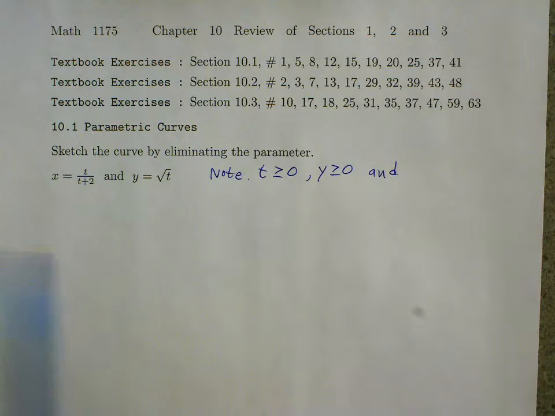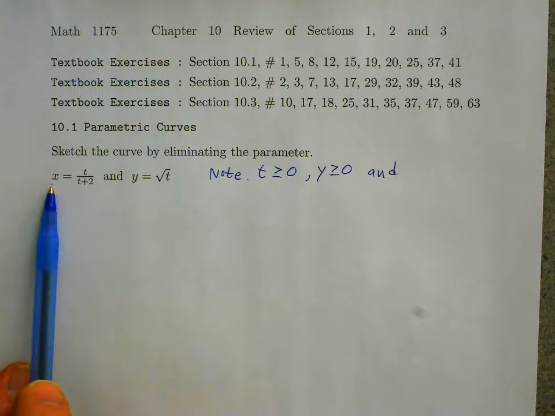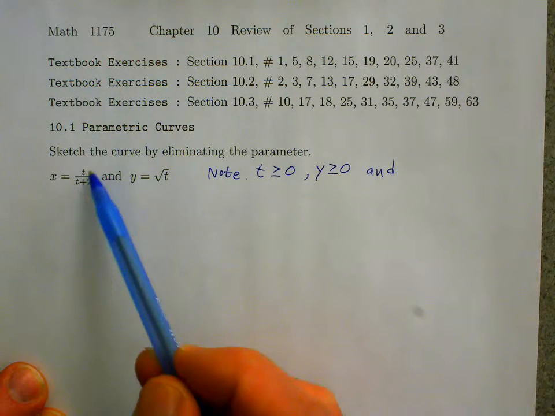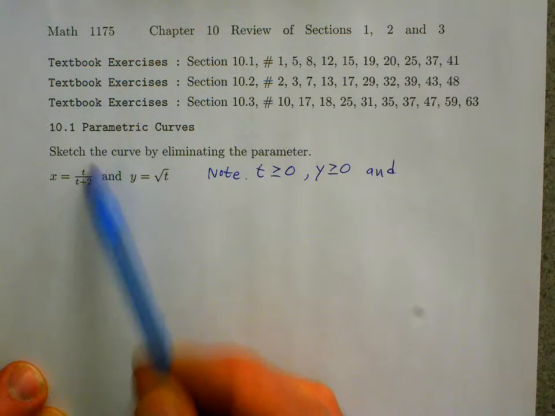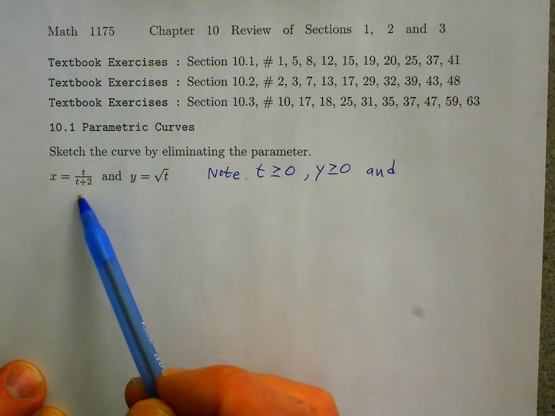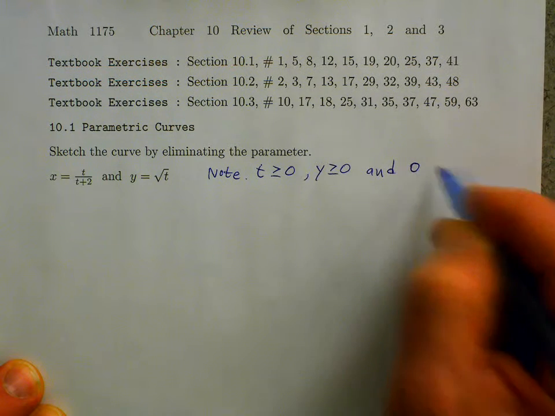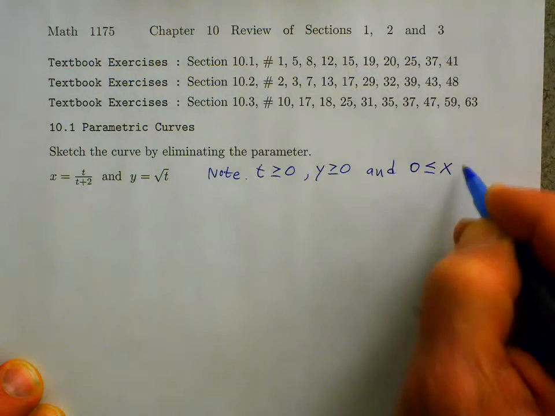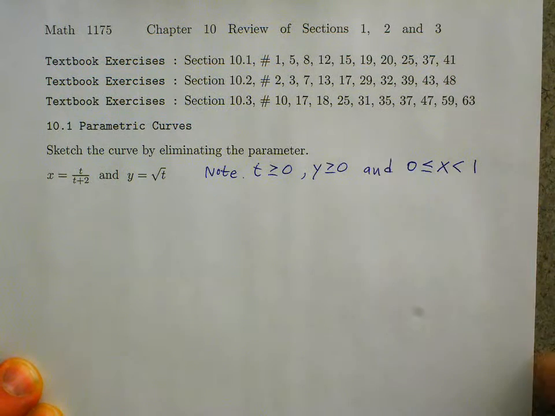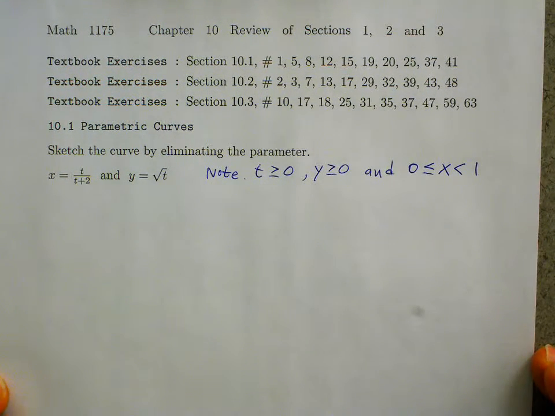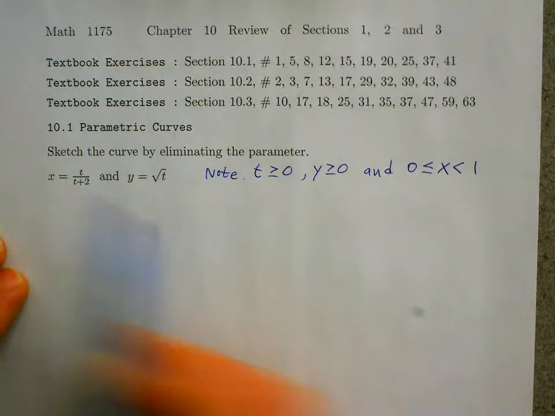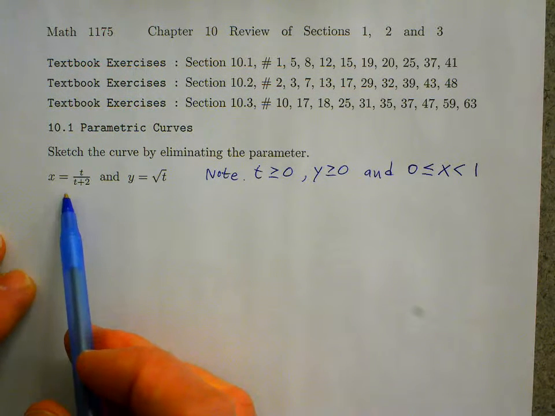X will have to be greater than or equal to 0, and how much? Less than 1. See how x is defined? If the numerator is always smaller than the denominator, then x can never reach 1. So x can be 0, but it has to always be less than 1. So we'll keep that in mind when we sketch the graph of the curve.